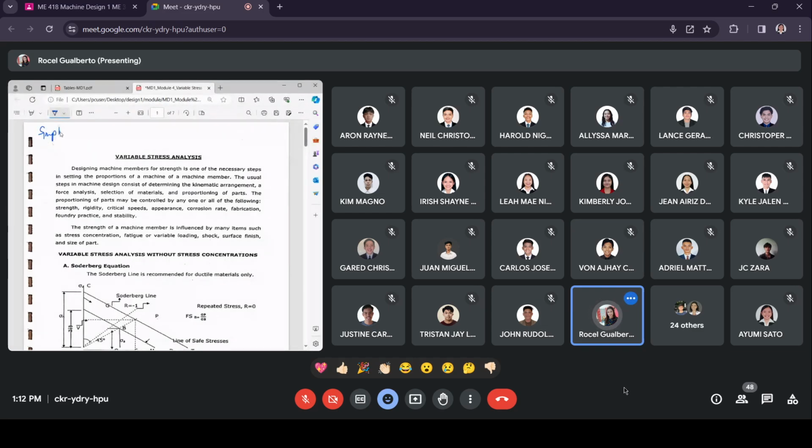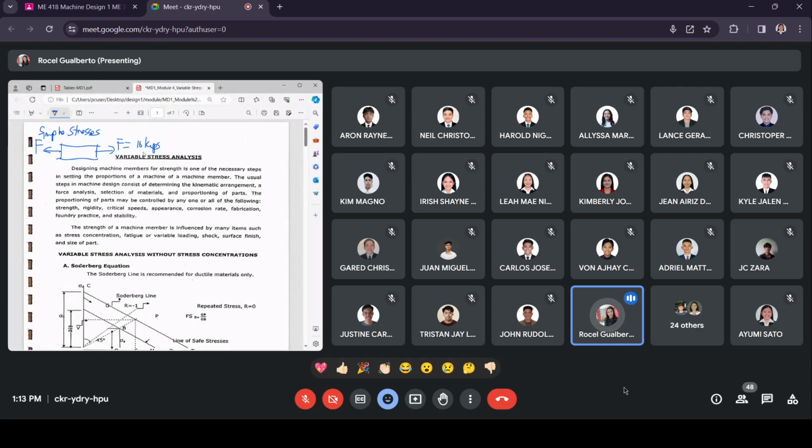For example, we have a machine member and we load it with a tensile force. The load that we use there is a definite amount, say 10 kips. The load that you applied is at a specified value, and at the same time it is only applied once. That is what is meant by simple stress.